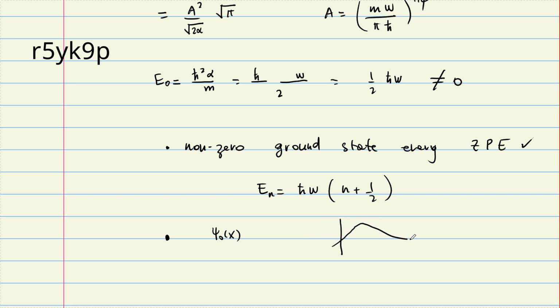There's a node, and it should do something like this, right? This is a node. And for this to happen, maybe you can substitute something like x e to the minus alpha x squared. And by exactly the calculation we did, by repeating these lines, you can find the first excited state.